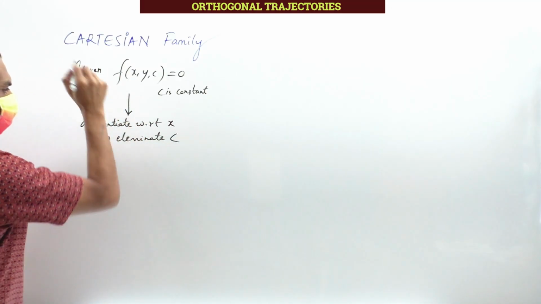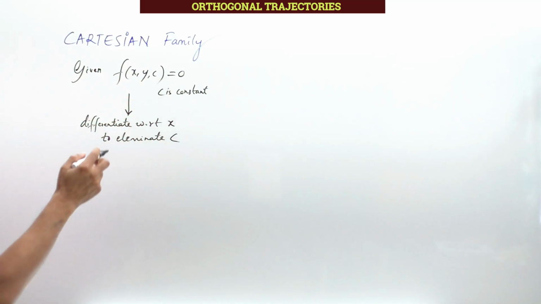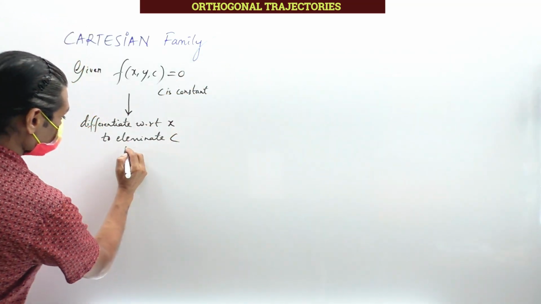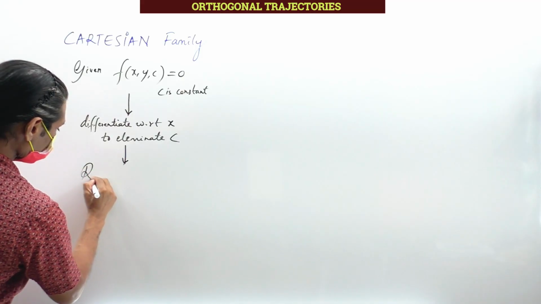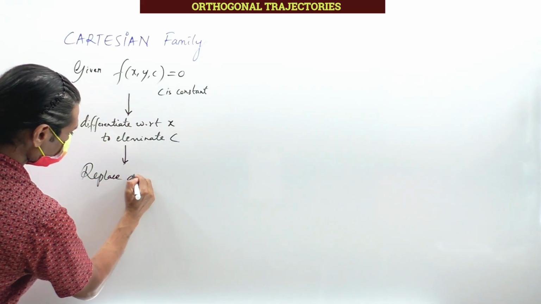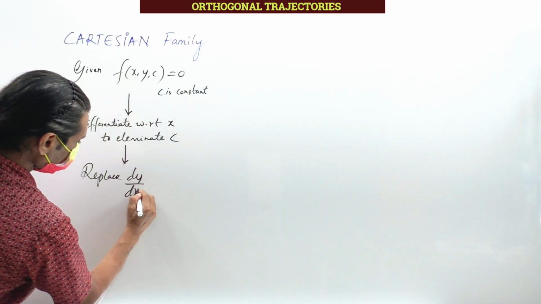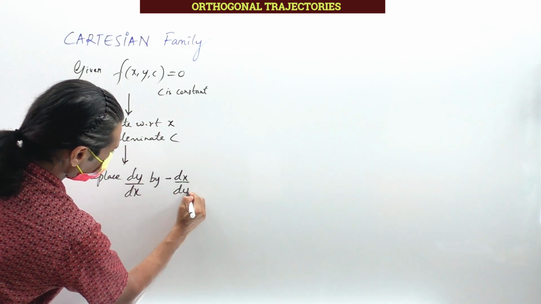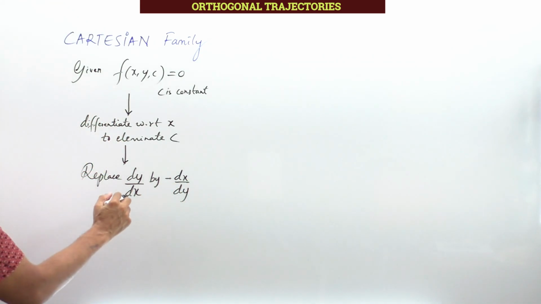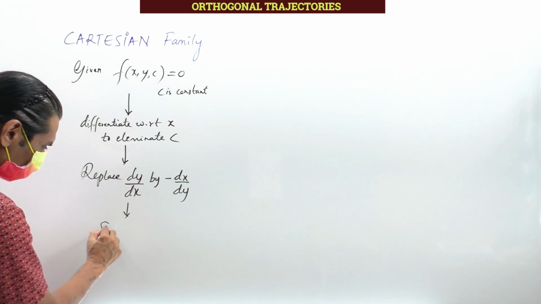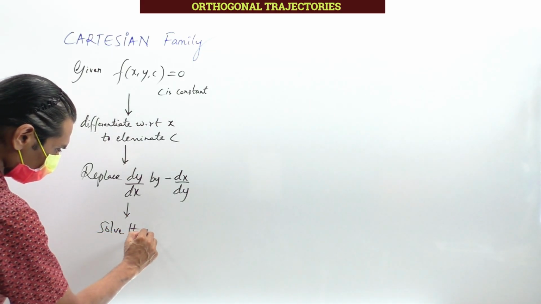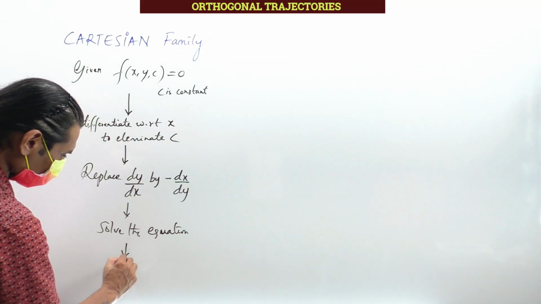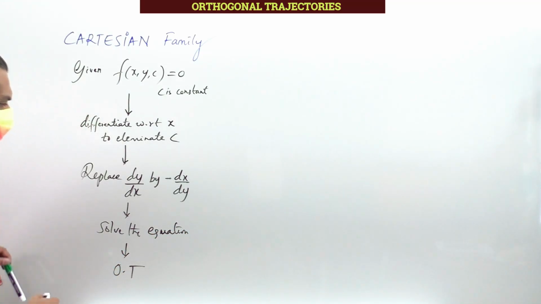Very important point. Here the constant is c, so we differentiate in such a way that the constant c is eliminated. It's gone. After differentiating, this is the main part, replace dy by dx with minus dx by dy. After replacing, we simply solve the equation to get the orthogonal trajectory for the required family.